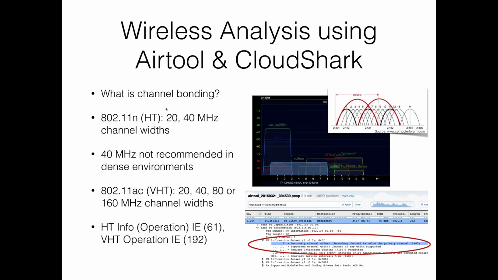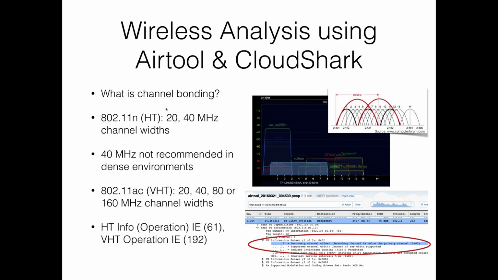So when you do a capture and you want to look, there are many information elements in the beacon or probe response that you might want to take a look at, and one of them is the HT info or HT operation information element, the tag number is 61, or the VHT operation element, which is tag number 192.